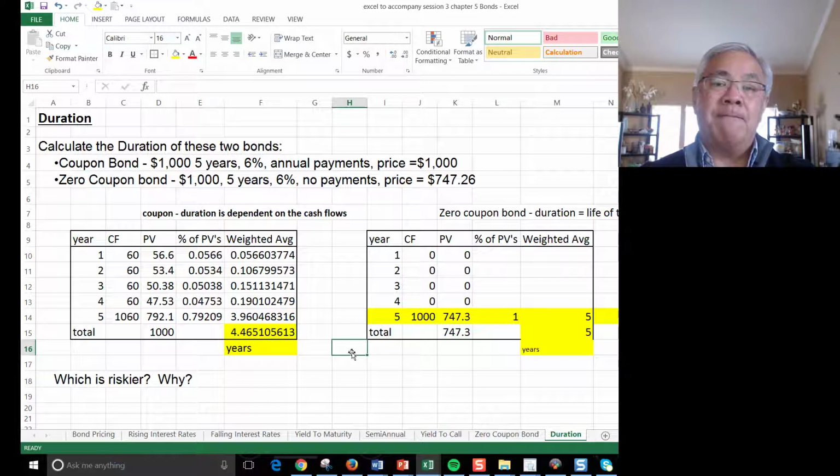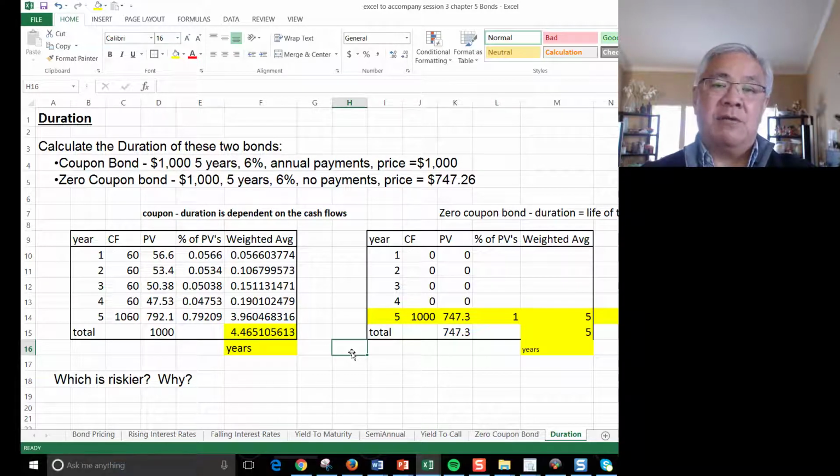With the zero, you put in the money and you get nothing. So you're sitting in year 1, 2, 3, 4, just hoping that the company will be able to pay you the amount they're required to pay you in year 5. And then year 5 comes and you're crossing your fingers that you get it, because that is 100% of the cash you'll ever get.